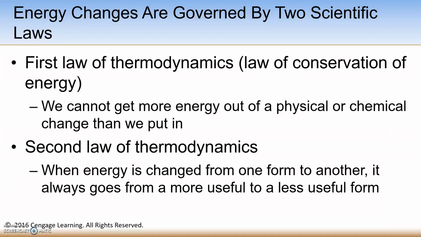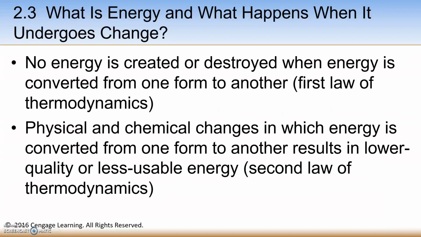The first law of thermodynamics, also known as the law of conservation of energy, basically states that we cannot get more energy out of a physical or chemical change than what was actually put in. The second law of thermodynamics basically states that when energy is changed from one form to another, it always goes from a more useful to a less useful form. This slide is just another way to word the two laws of thermodynamics.